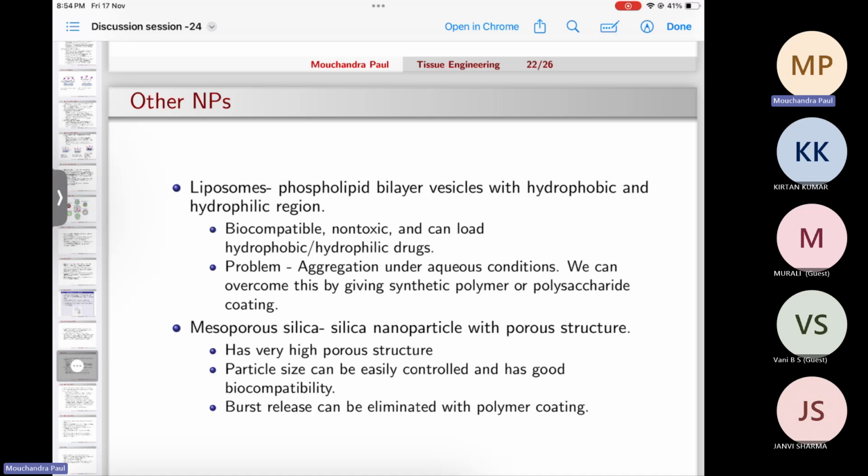Then mesoporous silica. Mesoporous means the pore size is greater than 50 nanometers, very big pores, and these are silica nanoparticles with a porous structure. So these nanoparticles are themselves highly porous.